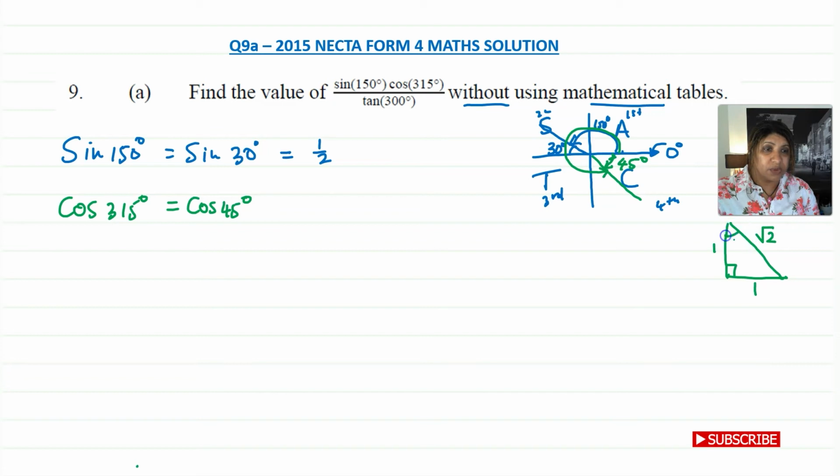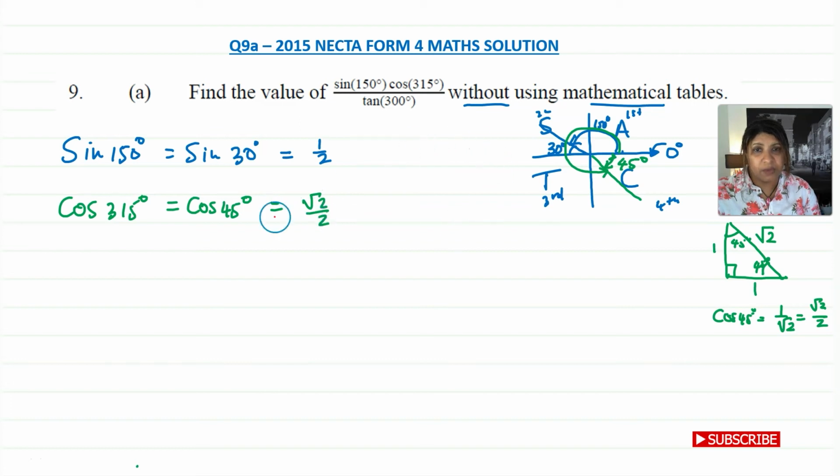Obviously this is going to be 45 degrees, and this is going to be 45 degrees. Now cos 45 is adjacent over hypotenuse, so that is 1 over root 2. You need to rationalize this by multiplying by root 2 over root 2, so you will have root 2 over 2. So cos 45 degrees is root 2 over 2.